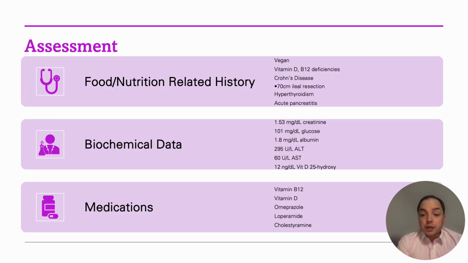As far as the patient assessment is concerned, the patient is vegan with a significant vitamin D and B12 deficiency, the former likely due to prolonged periods of no sunlight that accompany her career, as well as dietary shortcomings, and the latter likely attributable to a 70 centimeter ileal resection as a result of the patient's diagnosis of Crohn's disease earlier in her life. That would result in malabsorption of B12 as well as bile salts and fatty acids.